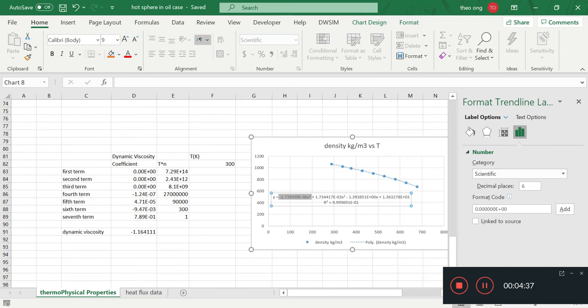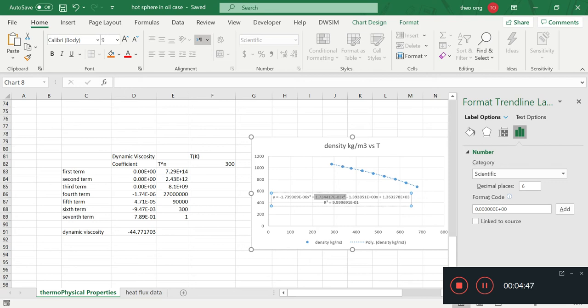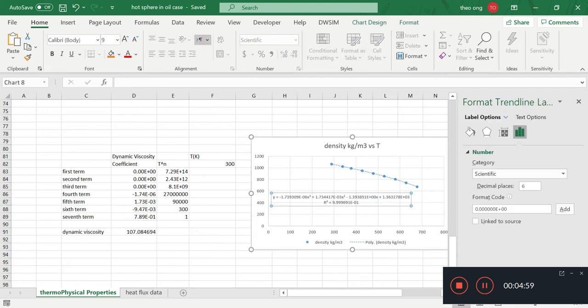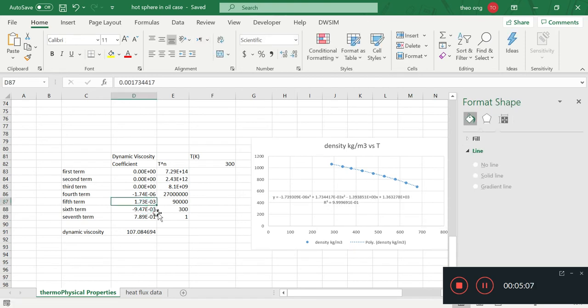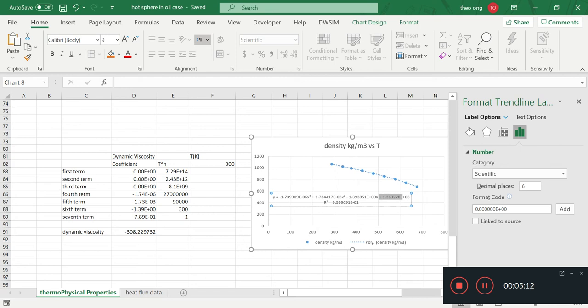Okay, I will just do this: minus something to the cube, plus 1.7 times 10 to the minus 3 for the square term, minus 1.39 for the t term, and the constant is 1.36 times 10 to the 3.